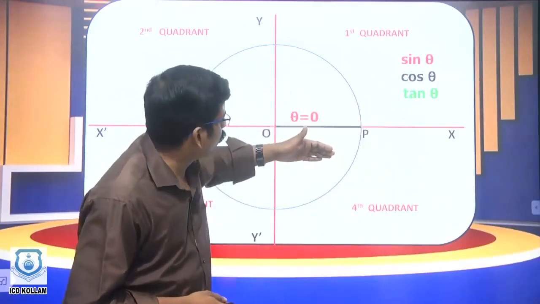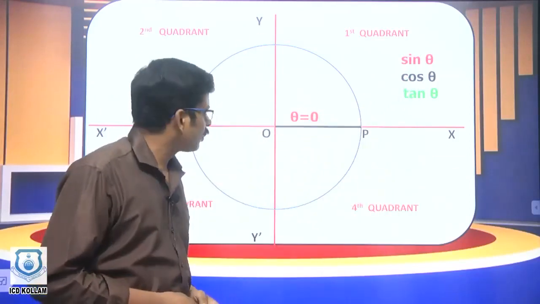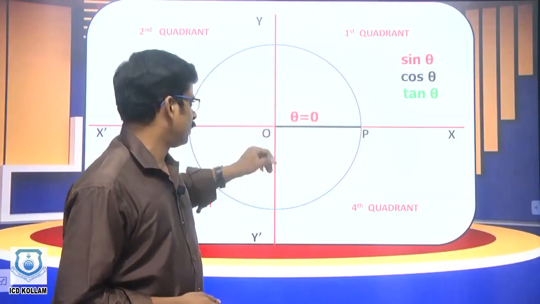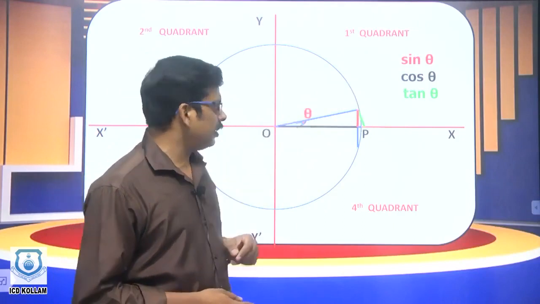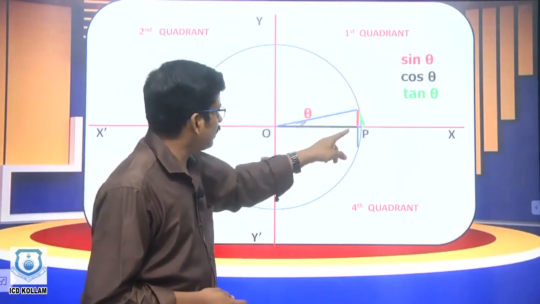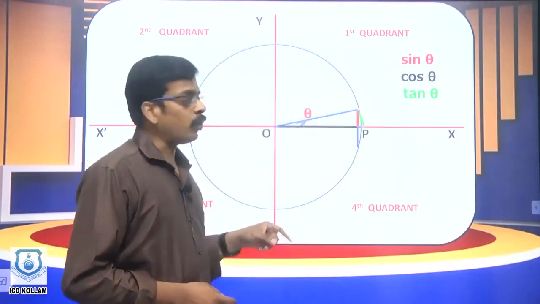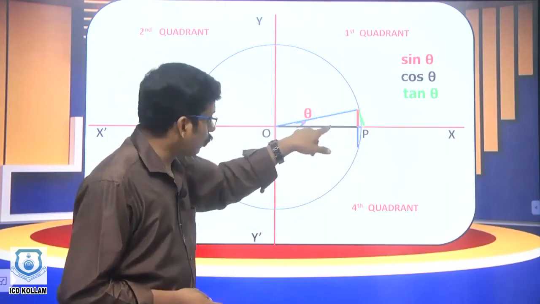Now we are going to increase the value of theta in a regular manner. So we just increase this value, we get sin theta, we get tan theta, and also we have that cos theta.